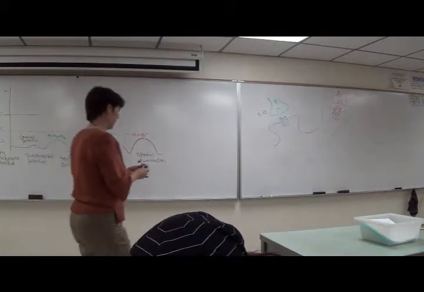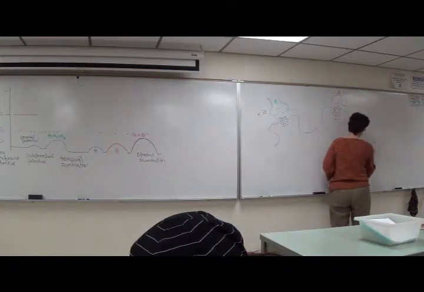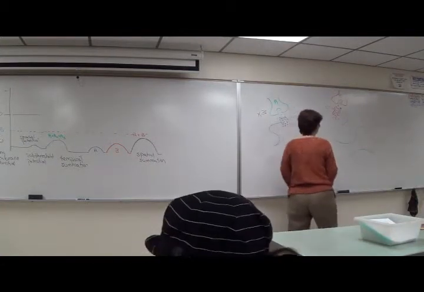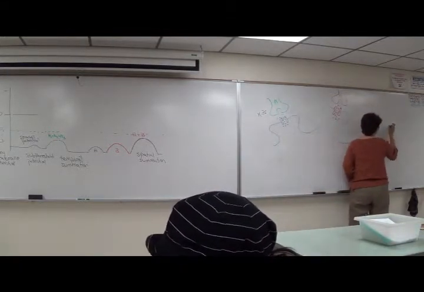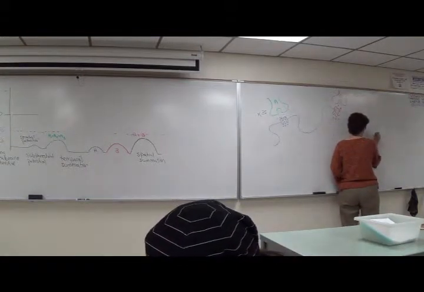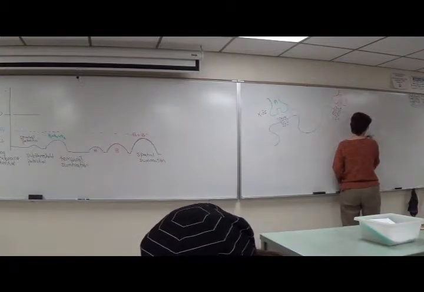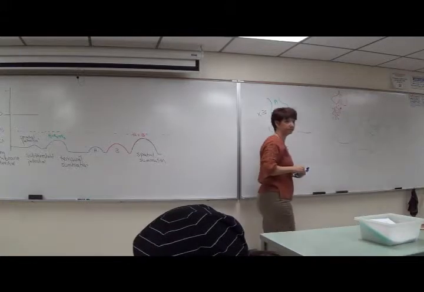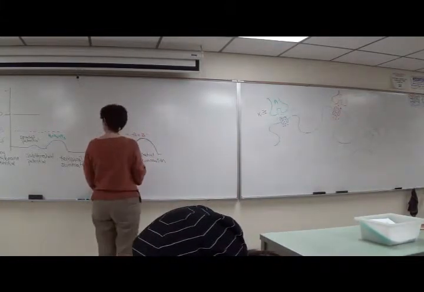Now let's add a third neuron. When this neuron opens a channel, chloride goes in. Okay, what's that going to do to my resting membrane potential?